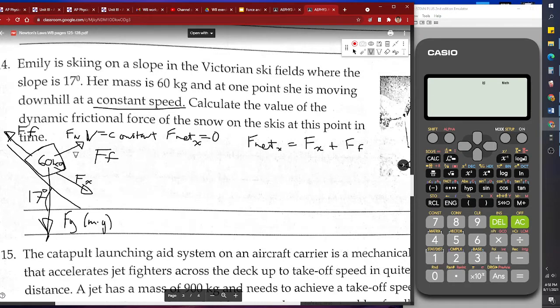It's those two that end up creating this force that pushes the skier down the slope.